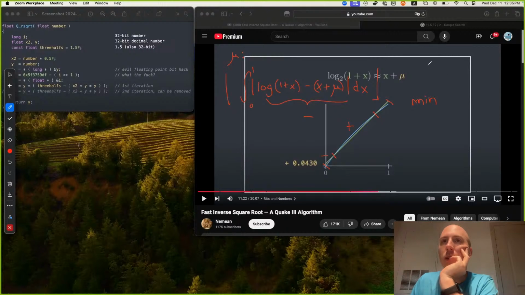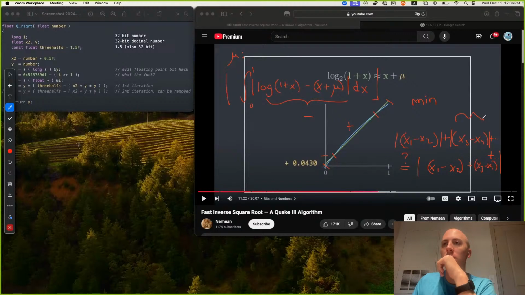If you minimize the absolute value thing, if you have a bunch of things like x1 minus x2 plus x3 minus x4, and you take the absolute value of each of these things, is that equal to the absolute value of taking the whole thing? It's an interesting thing to investigate.